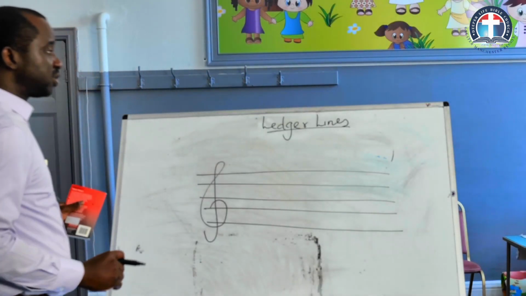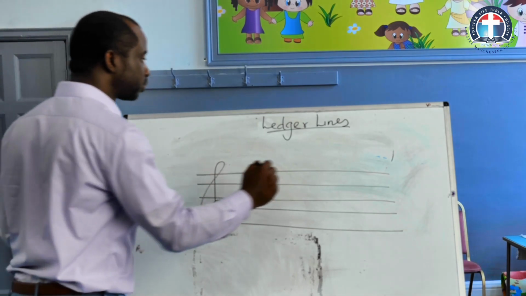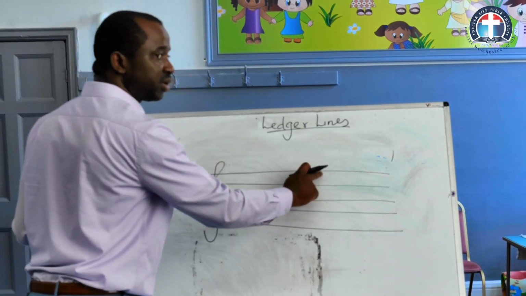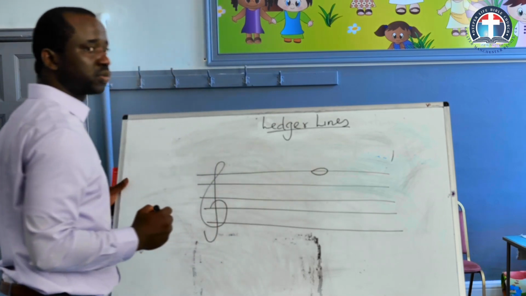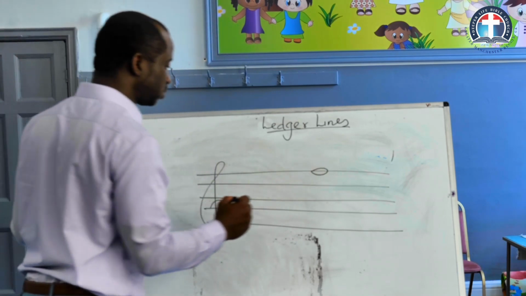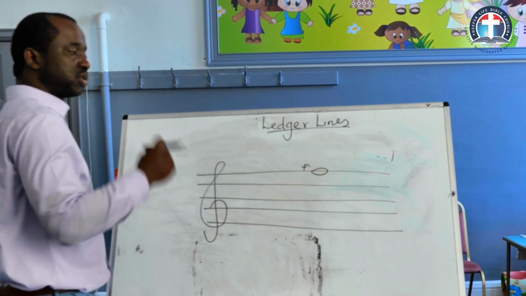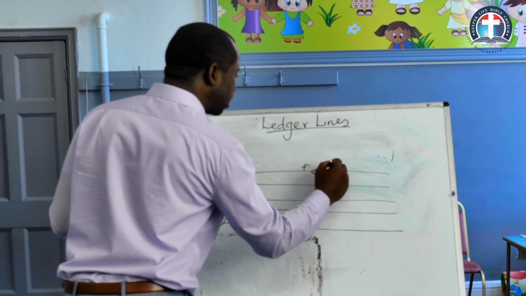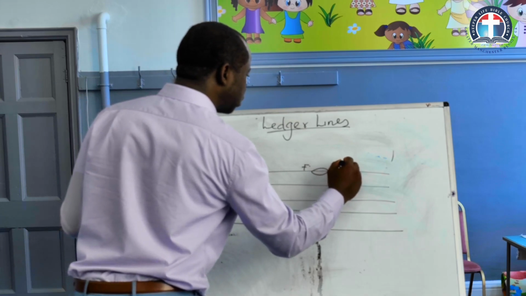So let's say you have this now. Okay. So what's the note here? What's this note? F. Good. All right. Now you have a ledger line here. You have another note here.